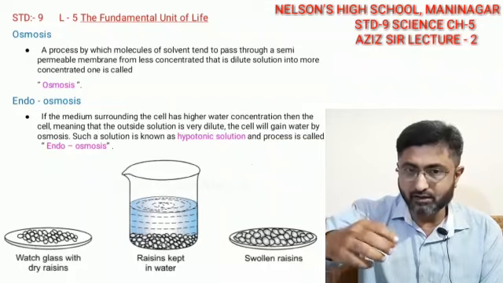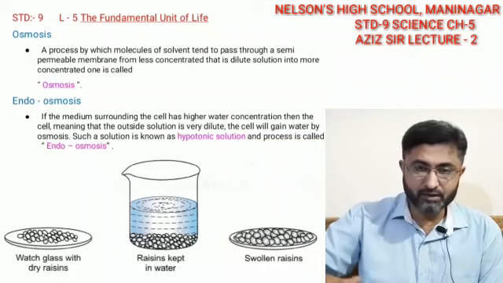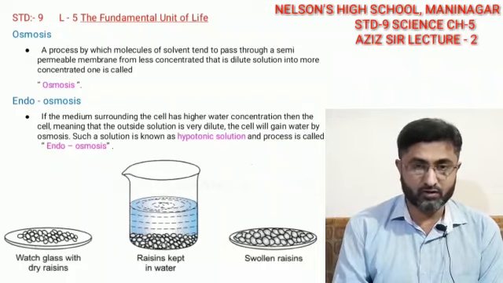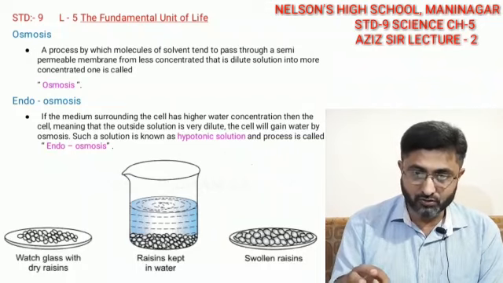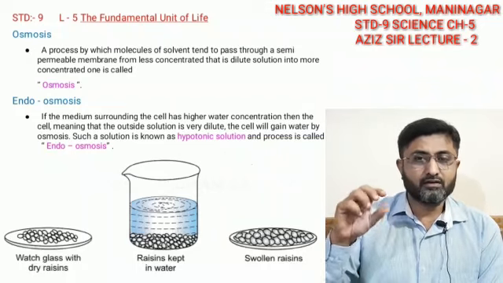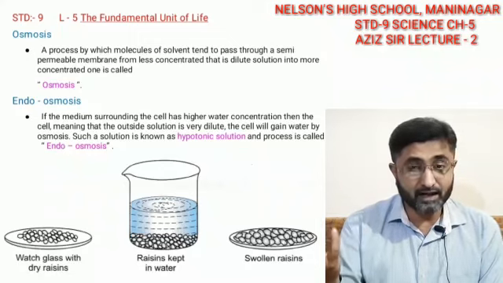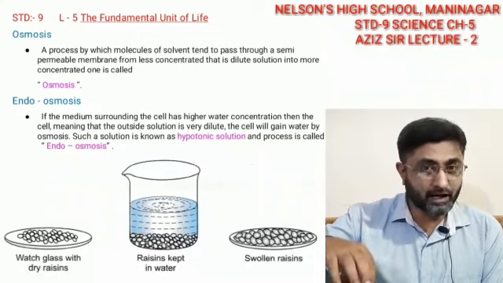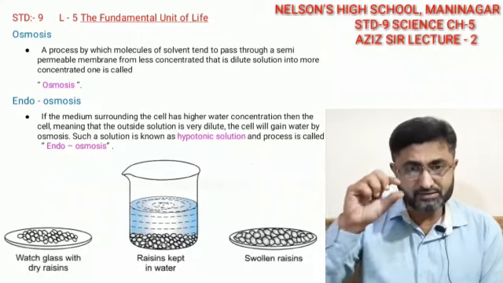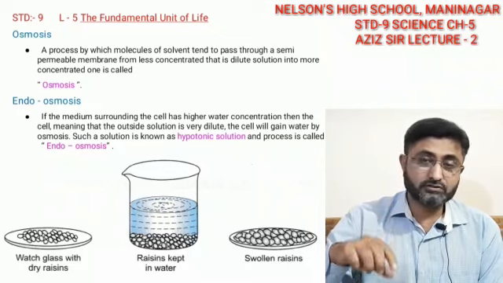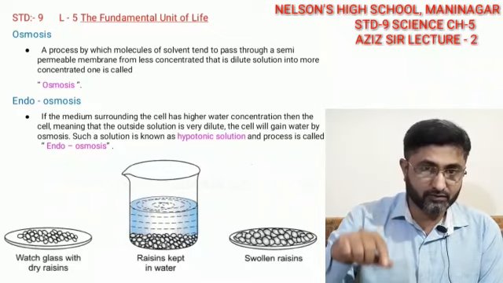If I put it inside water, the outside medium is mostly water with very little salt. So the water concentration is very high and the solution is very dilute, while inside the cell, that is the raisin, the concentration is high and the water is very little.